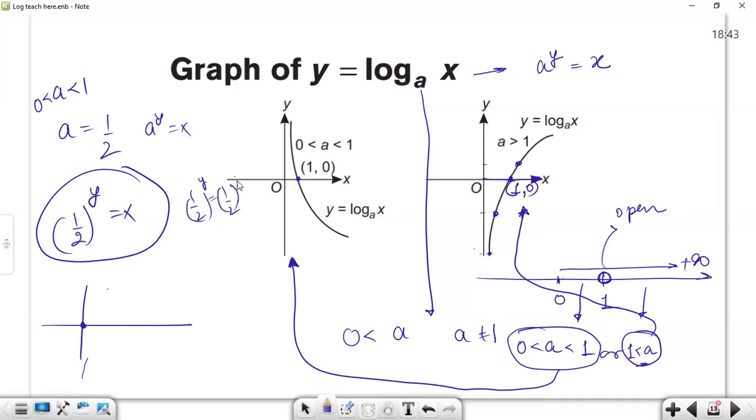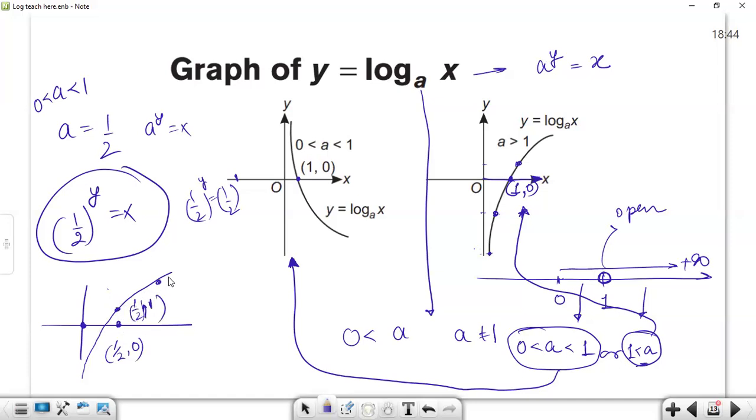Now what is the power of half here? 1. So y is 1. So for x being half, on this point, y is 1.